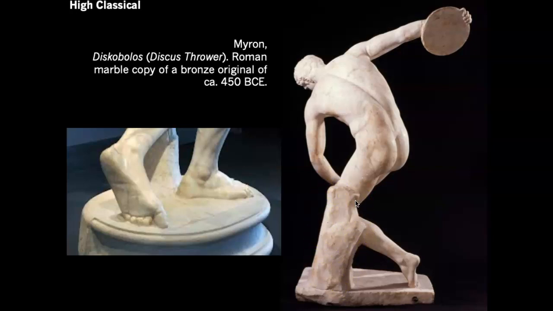The additional block of marble is there to support the weight of this figure because marble works best in compression rather than tension. The original bronze piece did not require this additional support. The original bronze piece was supported by just 1 foot and the tips of the toes.